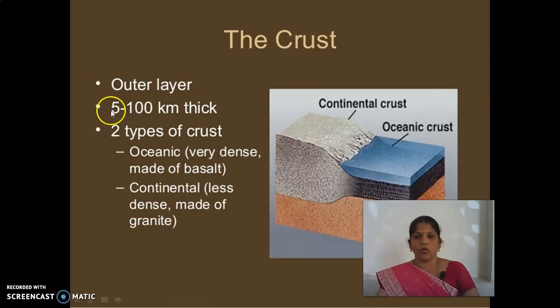The crust is the outer layer of our earth, 5 to 100 kilometers thick. The two types of crustal layer: oceanic, very dense, made of basalt, and continental, less dense, made of granite. I hope you understood the two crustal layers, oceanic crust and continental crust.